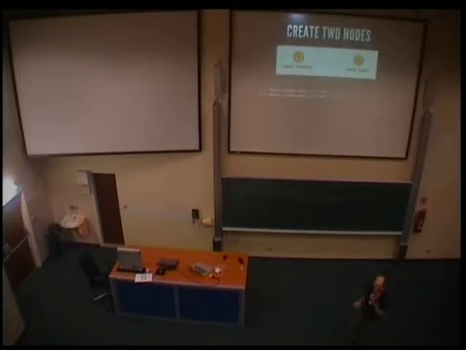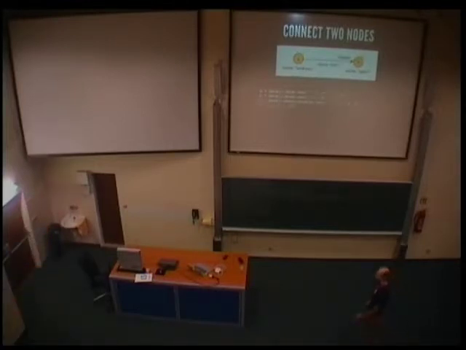Okay, but maybe it's easier to describe this, for me at least, by seeing a bit of code. And here is what it looks like in the JRuby wrapper, but it's not very different in Java or Python. It's just one line of code to create those nodes. So here we create two nodes, and we have one property each. And then we connect those two nodes with a relationship.